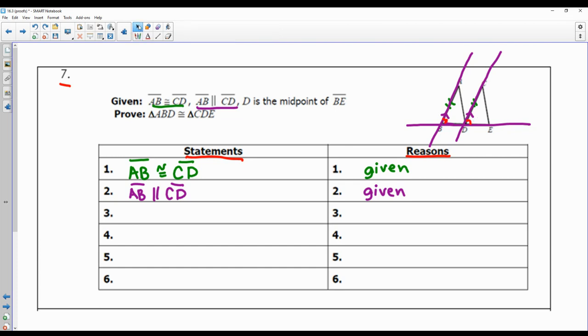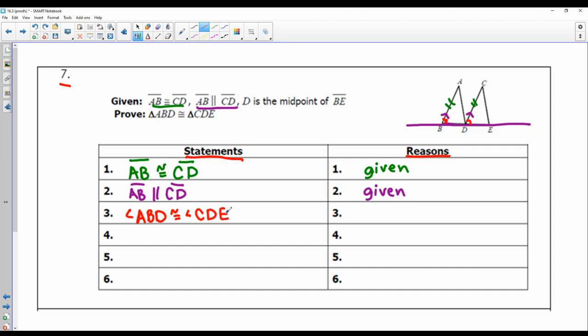We're going to take out those two lines again so we can see what the labels of the triangles are. This angle we're going to call angle ABD, and it is congruent to angle CDE in this triangle.